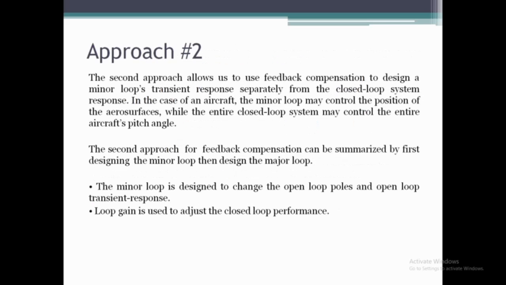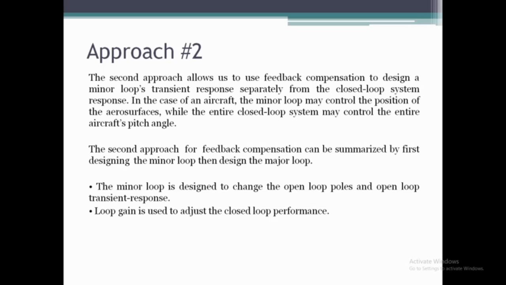And approach number 2. The second approach allows us to use feedback compensation to design our minor loop's transient response separately from the closed loop system response. In the case of an aircraft, the minor loop may control the position of the aero surfaces, while the entire closed loop system may control the entire aircraft's pitch angle.